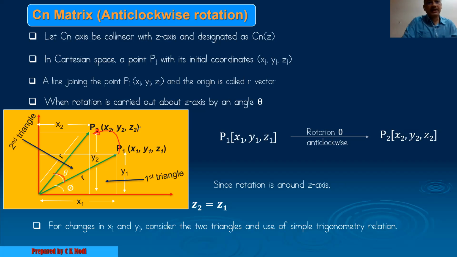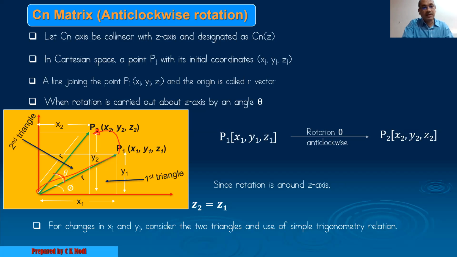So again I repeat how to derive the Cn matrix for anti-clockwise rotations. The Cn axis is collinear with the z axis, designated as Cnz. In a Cartesian space, a point P1 with its initial coordinates x1, y1 and z1.